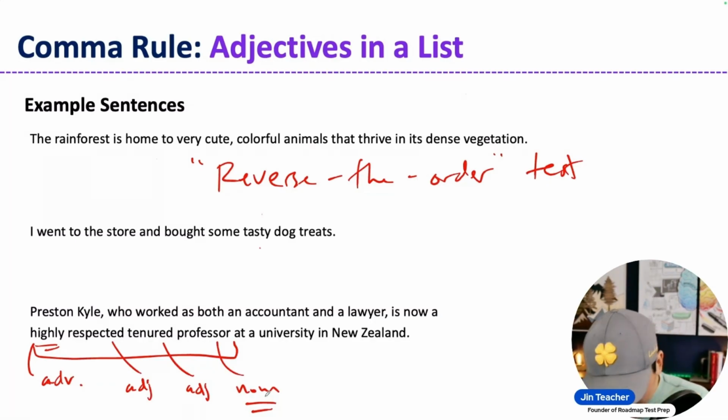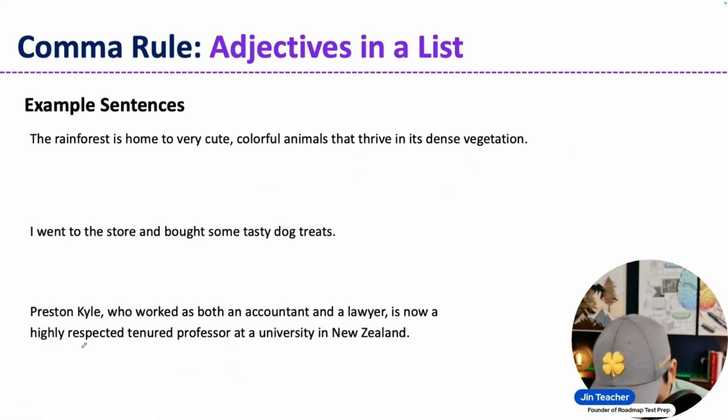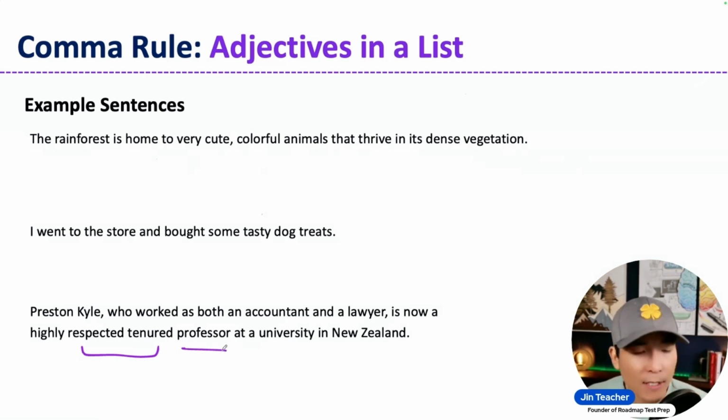So now we can use the reverse the order test. Let's go ahead and check to see if we put a comma between these two adjectives here. So instead of saying respected, tenured professor, we can say tenured, respected professor. Okay, we can reverse the order.